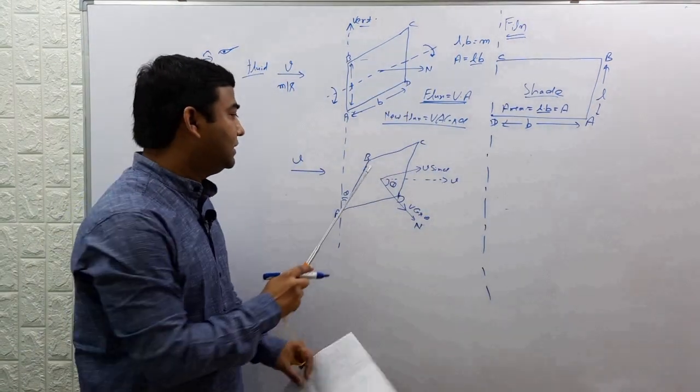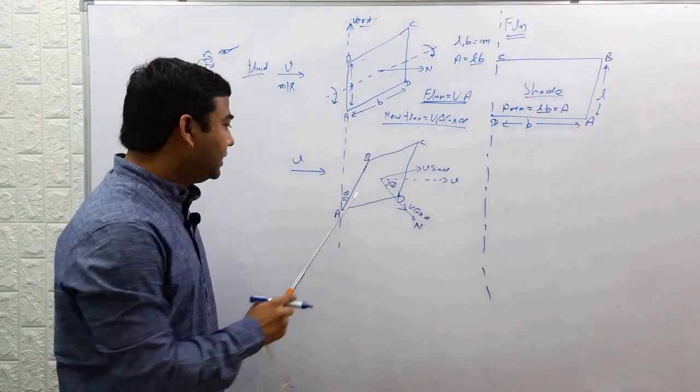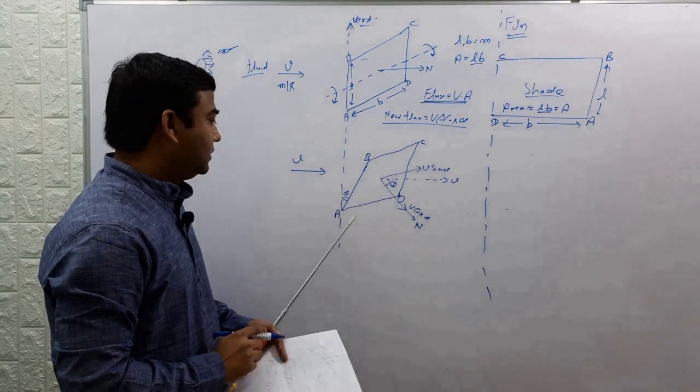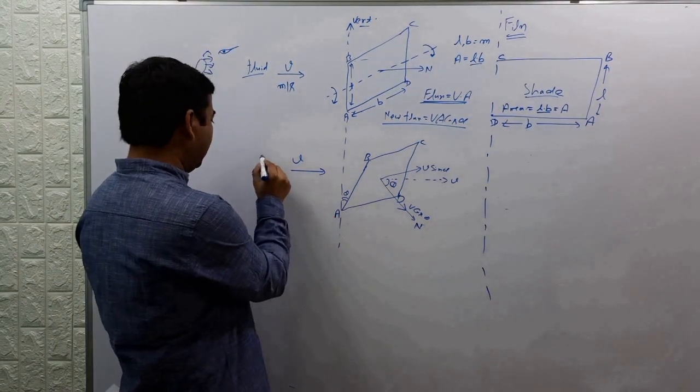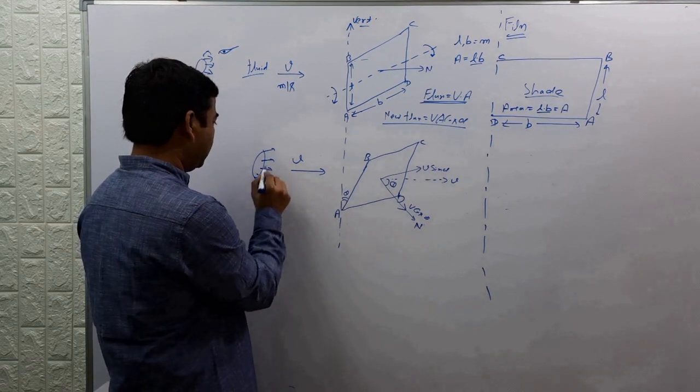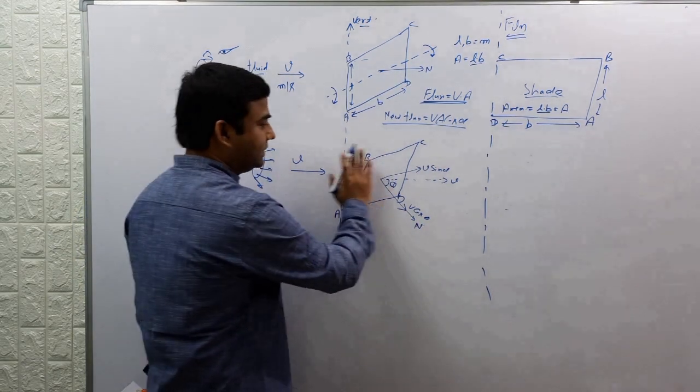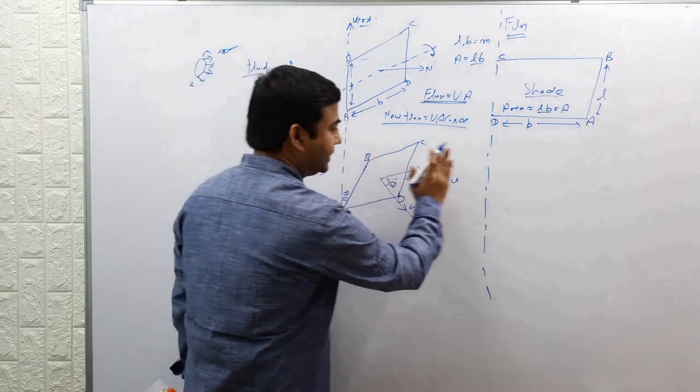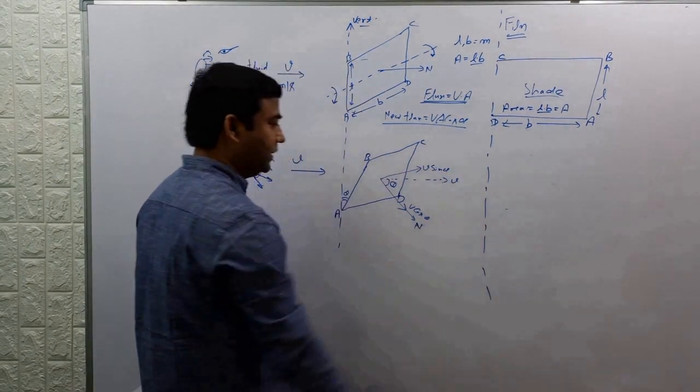But in this case, you can see when a light source is kept here, this tilted area will generate a shade on this film.